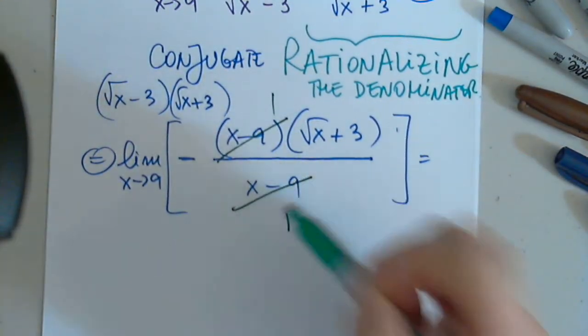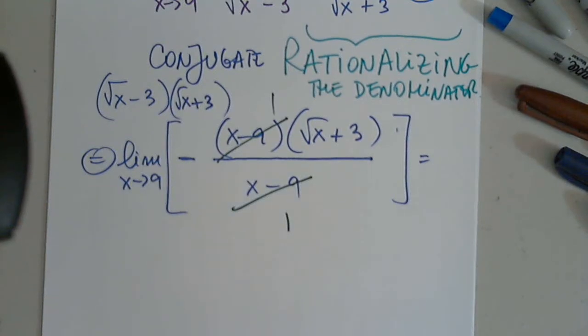Gladly. Now, can anyone give us the limit? And this is the answer, and we are dropping the limit operator now because we are finding the limit. So what is the answer? Negative square root of x plus 3. We are applying the limit, and we drop the limit operator.